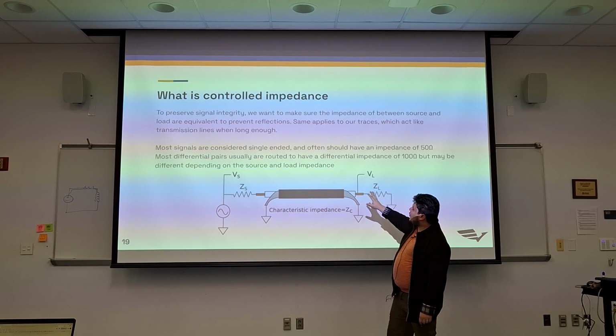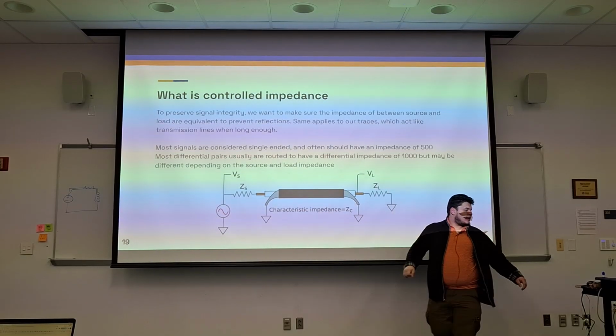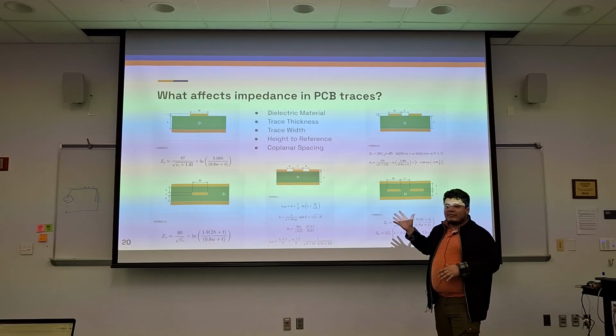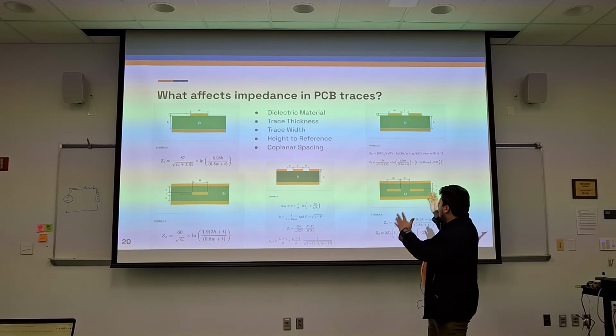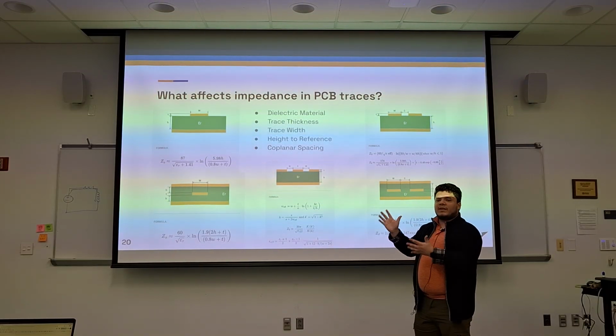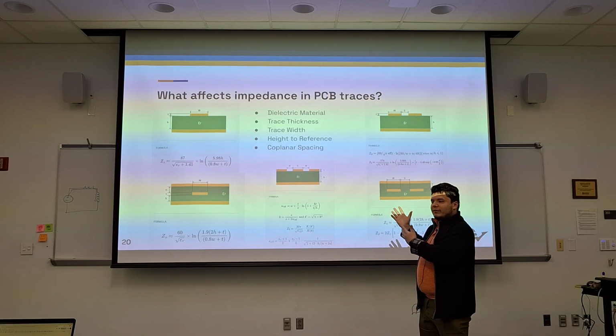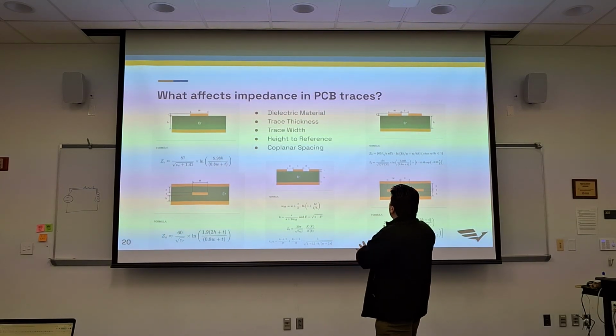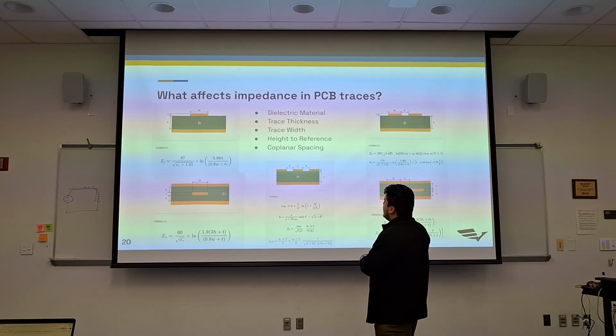And so how do we control the impedance of a trace? Well, there are a few things that affect our impedances. And there are a bunch of complicated formulas that thankfully there are calculators for, so we don't have to do them by hand. These are just some of the different configurations for traces.